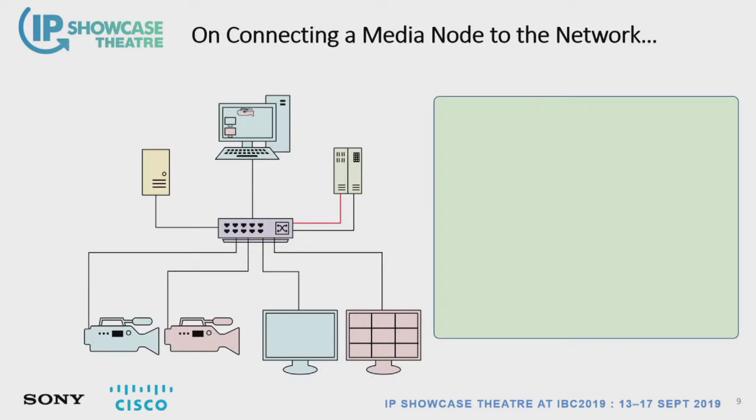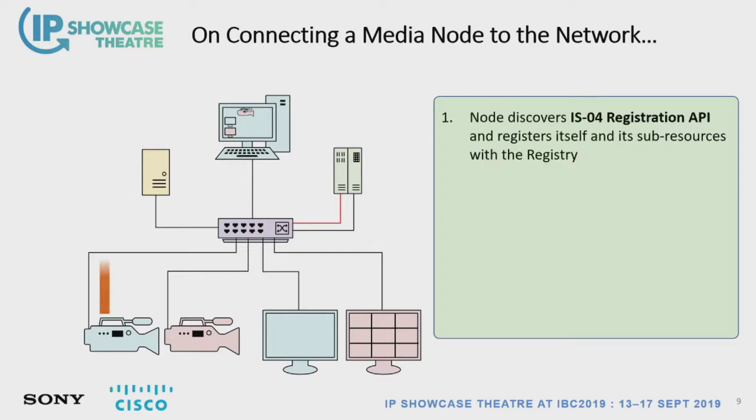So just briefly going into how ISO6 fits in with ISO4 and ISO5. When you first connect a media node to the network, with ISO4, what it will first do is use DNS to discover all the registration API services available on that network. And then it will connect to the registry and register itself and all its sub-resources.